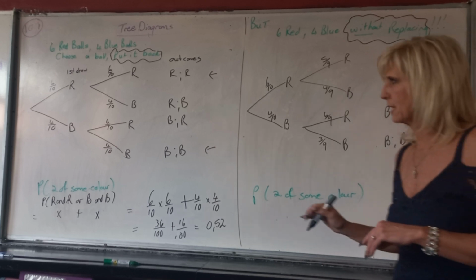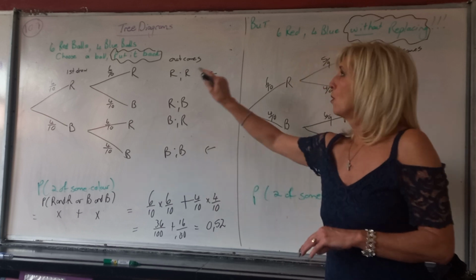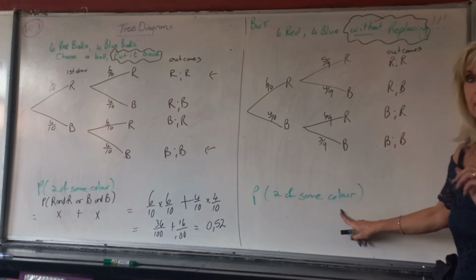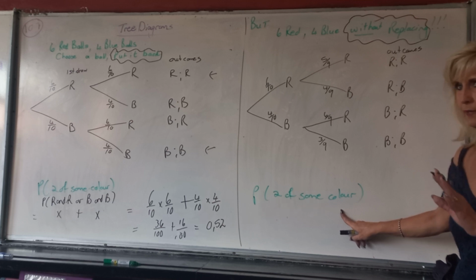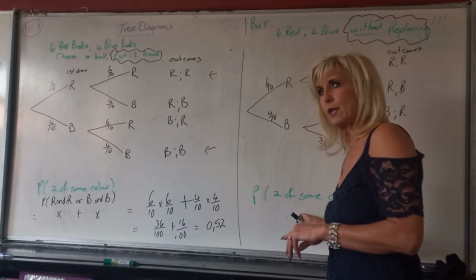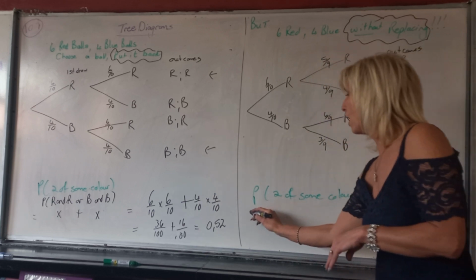What's the difference when I want 2 of the same color by putting it back? And now I still want 2 of the same color, but this time I didn't put it back. So now, again, writing it as red and red, or blue and blue, or I can just say.